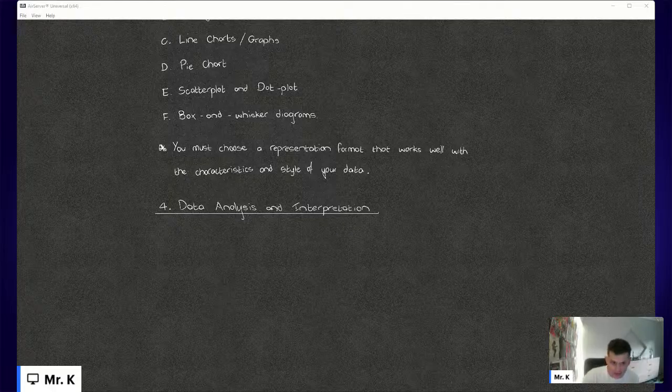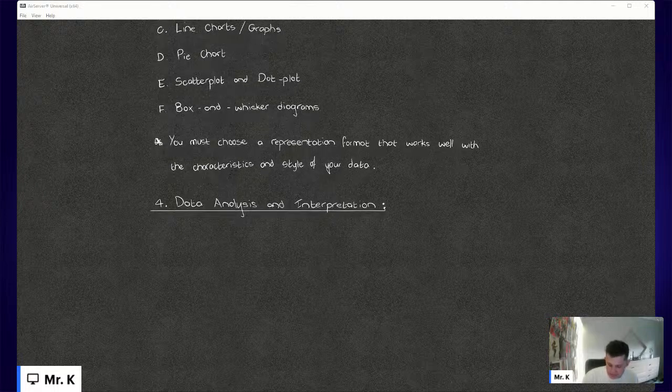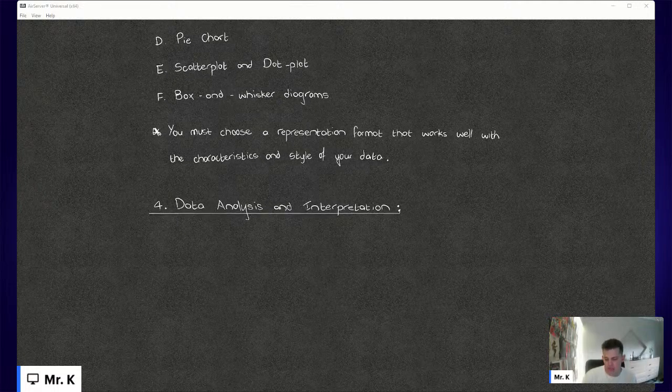Right. It's the final section that we need to consider in this entire process when it comes to thinking about data.